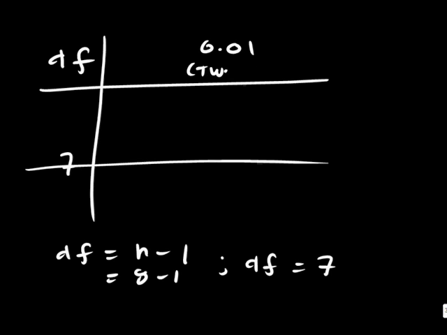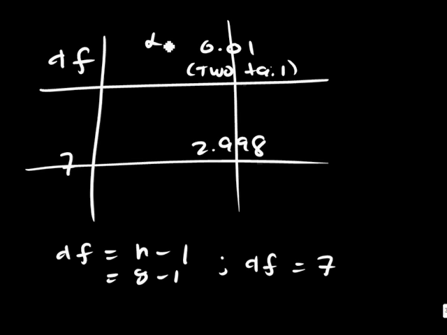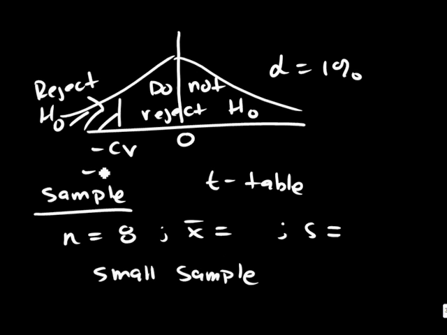We find a critical value of 2.998. 1% two-tail, level of significance, 7th row, 2.998 critical value. So this will be minus 2.998 as a critical value. We have finished our decision rule.